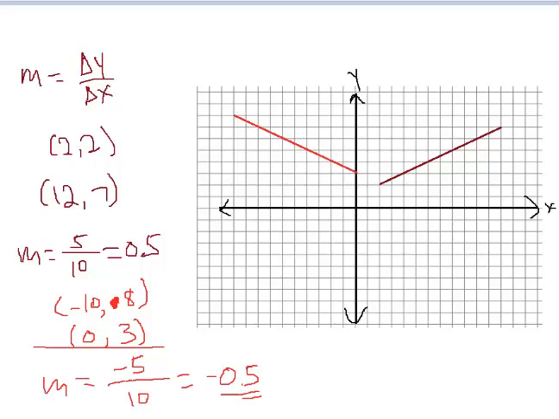Just to give you an example of a little bit of a steeper slope, let's draw something like this. Well, let's figure out the slope of the orange line. What are the points on the orange line? Negative 1, 2, 3, 4, 5, 6, 7. 1, 2, 3, 4. Again, 1, 2, 3, 4, 5, 6, 7.